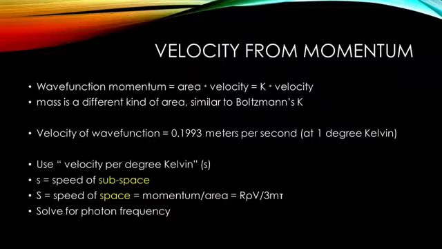Normally momentum is mass times velocity, but mass is a different type of area, but it's similar to Boltzmann's constant k. The velocity of the wave function then is 0.1993 meters per second at 1 degree Kelvin. That's just by making that calculation there of the equation. It can be velocity per degree Kelvin, and s, the small s, is the speed of subspace.